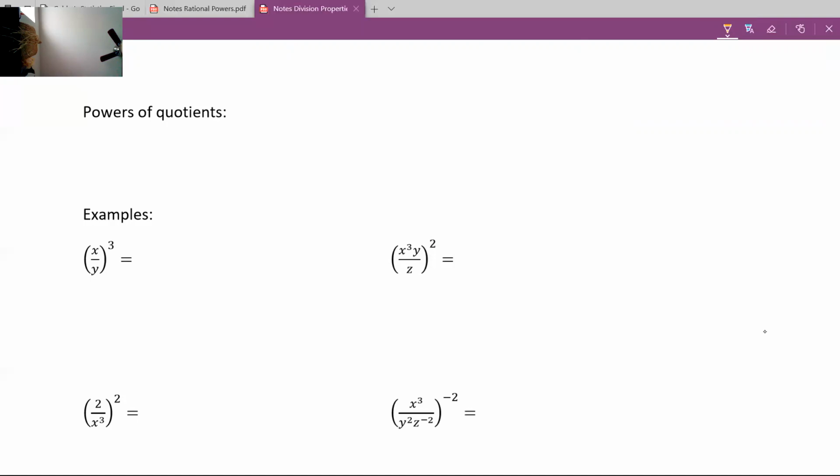So, fraction raised to a power, distribute power to all pieces, top and bottom.